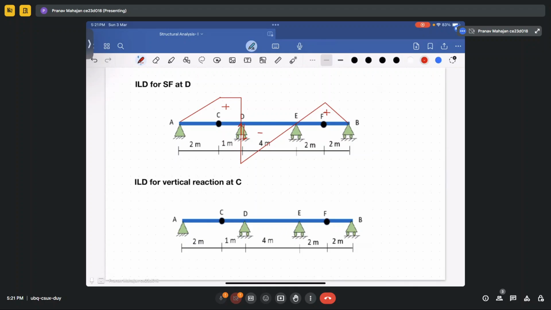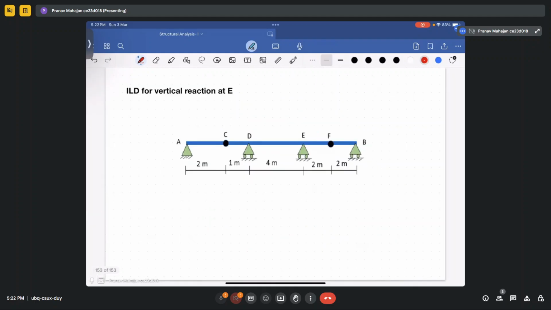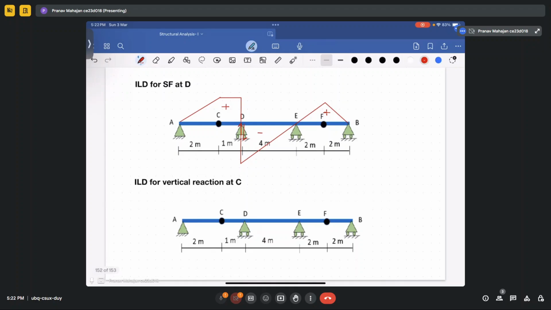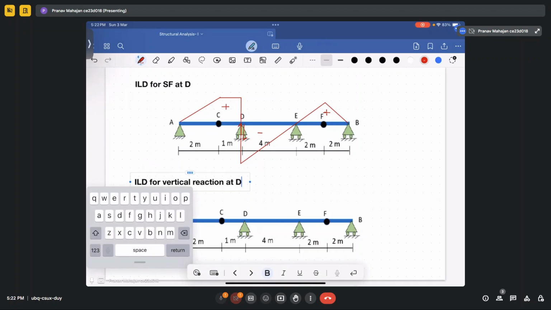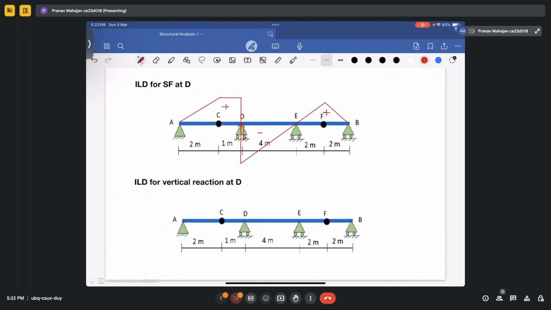Okay. Now how you will draw the influence line diagram for the reaction force at D. I think not at C, it is at D. Okay. So how you will draw that? So for that, provide a unit displacement at point A. So if you provide a unit displacement, this point will further move up.